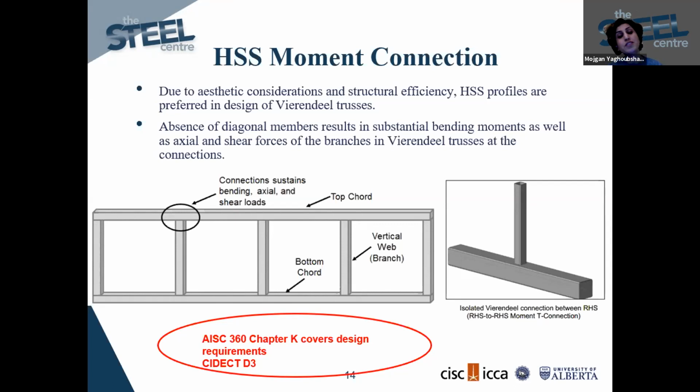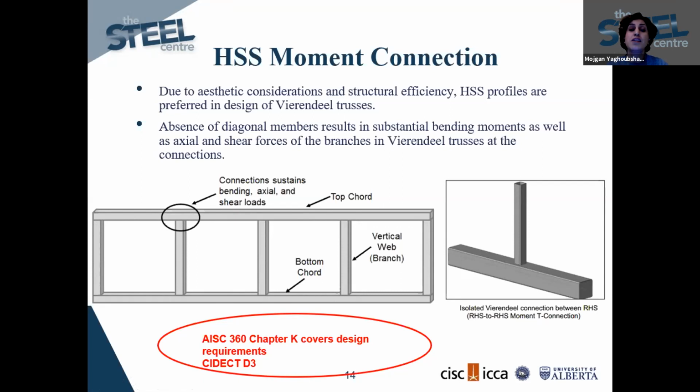Actually, due to eliminating these diagonal elements, there will be substantial moment in the truss elements. There will be large bending moment in the branches and also in the chords as well. And these connections are not pinned connections. They are actually moment connections.